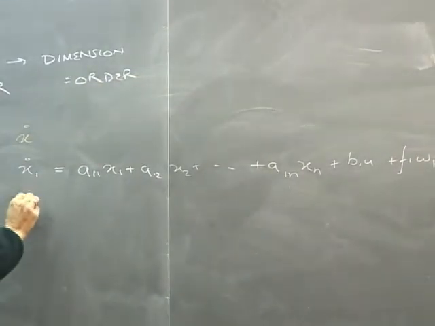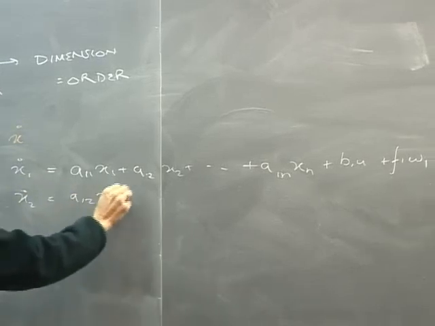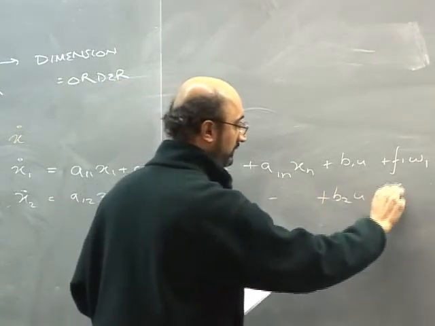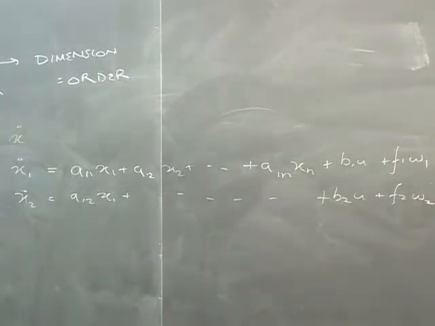And then x2 dot equals A21 x1 plus ... b2 u plus f2 w2, and so on. So essentially we are describing how each component of the state is going to be evolving as a linear combination of the prior state.